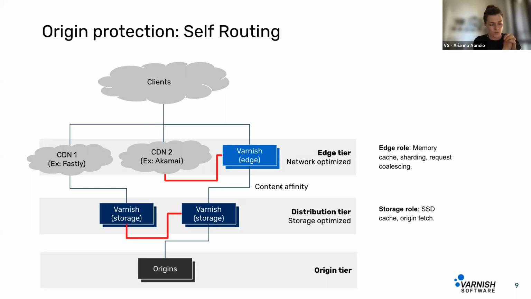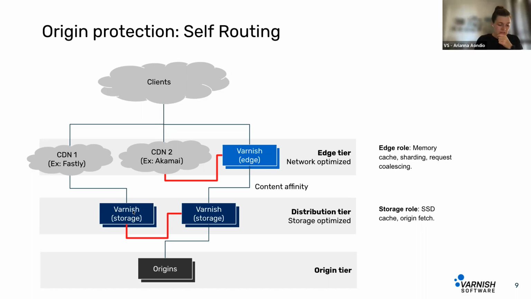So really what we want to consider to start protecting our servers is the way the edge tier communicates with the storage or distribution tier. We want to make sure we make the best usage out of the resources we have available. And what will happen is that each of those three CDNs will request content to those Varnish instances.